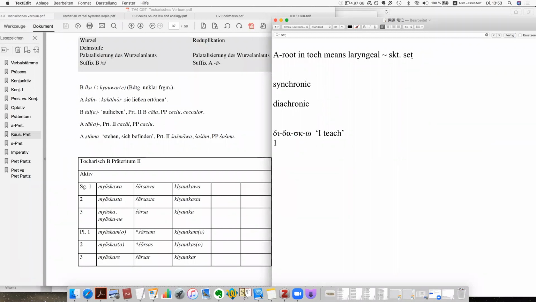And can anyone tell me, is it secondary or primary? Or, sorry, I should ask a better question. So this form, is it directly from PIE or is it a secondary development in Greek?